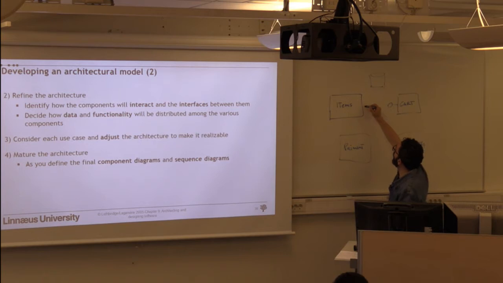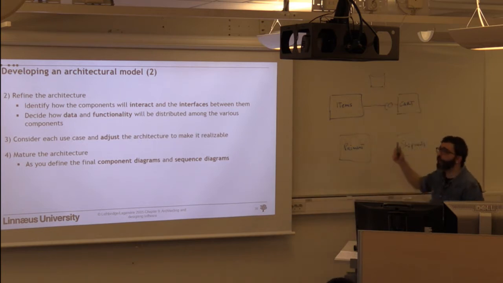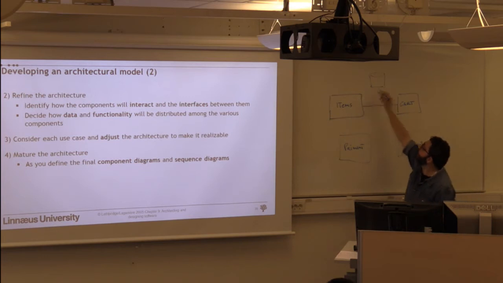For example, the items need to interact with the cart because you want to put some data into the cart. And then for checking out the cart, you might need payments, and then you want to ship. Well, that's just an example.